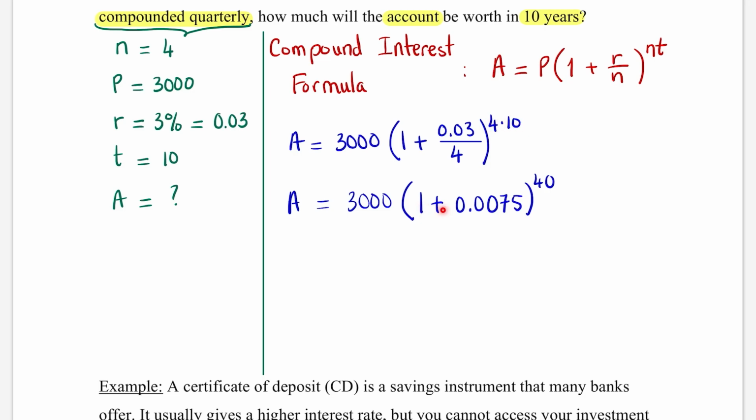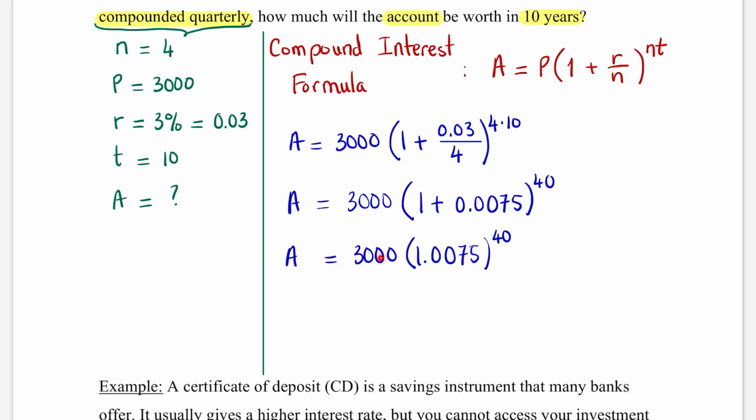Now from here, I'll take 1 plus 0.0075, which is 1.0075. A equals 3,000 times 1.0075 to the 40.